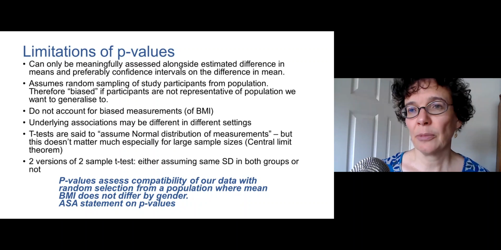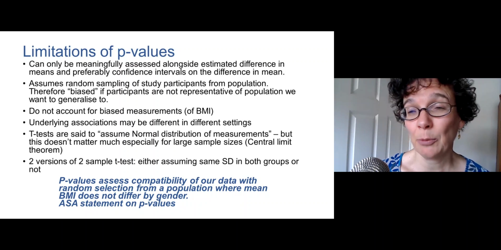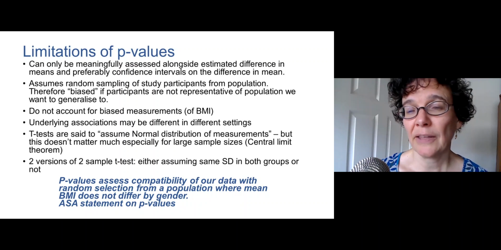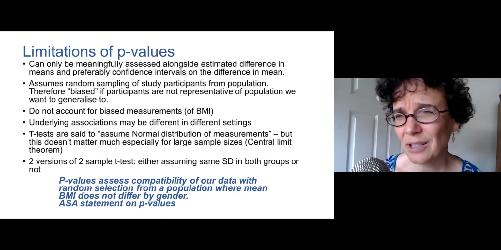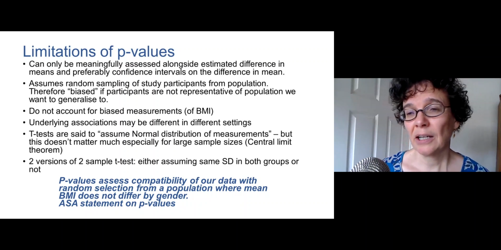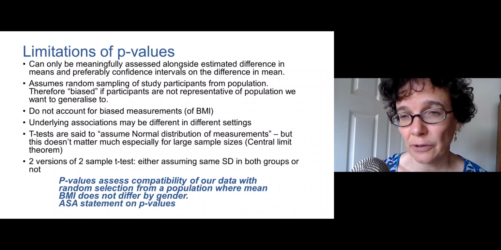The ASA statement on p-values was designed to raise the standard of p-value use because of concern that they can be poorly interpreted in the literature, and it encouraged the use of compatibility in these interpretations. They also emphasise interpreting them alongside estimates of the effect size and other considerations such as study design and possible bias. So there are a lot of different things that should feed into what appropriate scientific conclusions you make.